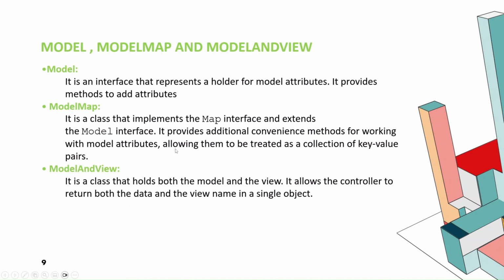By using this, you can still have the attributes and display those attribute values in the Thymeleaf template. And ModelAndView is also a class. Still you can use it like this: you can have an attribute and use that attribute value in the Thymeleaf template. Basically Model is an interface, and these two are classes.